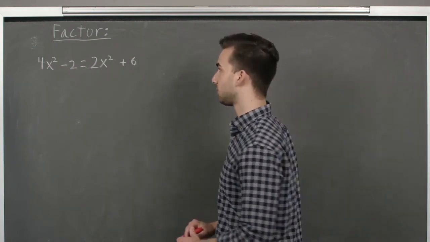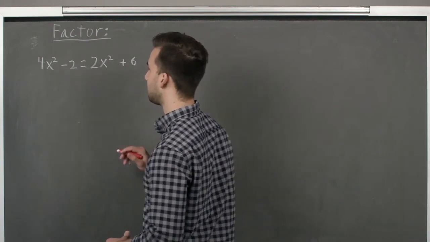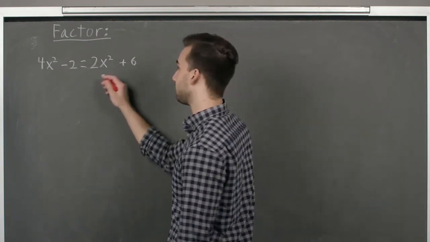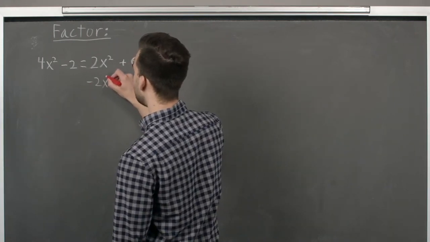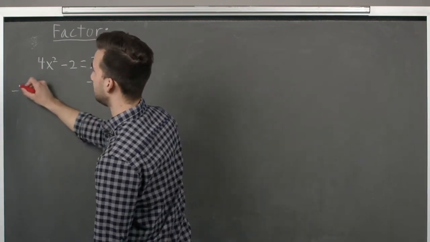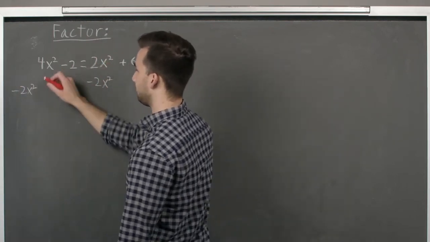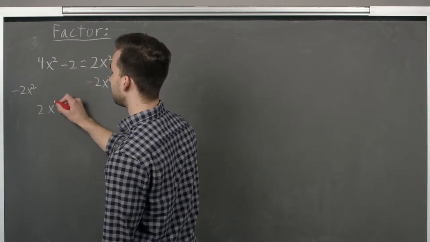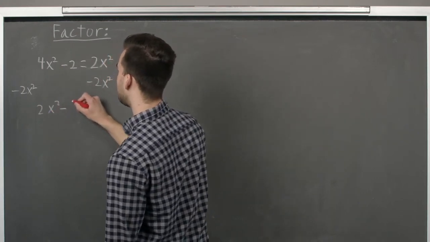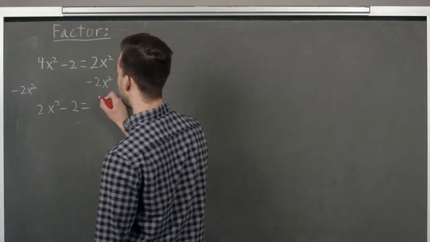Step one, let's group like terms. So I'm just going to subtract 2x squared from both sides. Minus 2x squared and then minus 2x squared over here. And that will give us 4 minus 2x squared is 2x squared, minus 2 is equal to 0 plus 6.